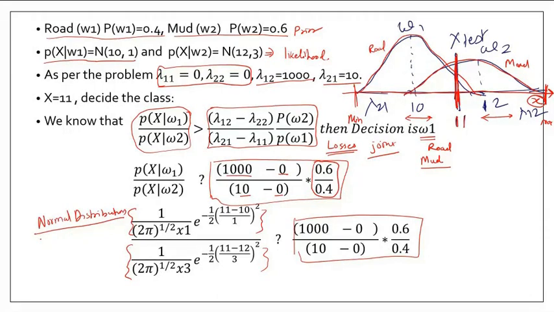The formula is the same: 1 by square root of 2 pi sigma squared, into e to the power minus half into (x minus mu divided by sigma) whole squared. You can simply substitute the values and then solve.